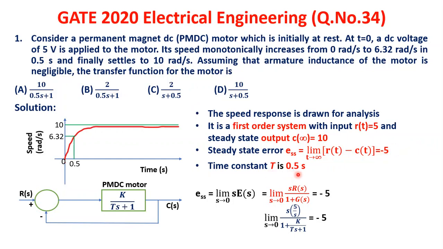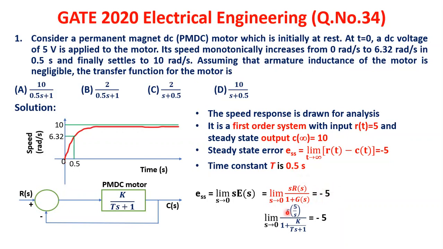Time constant, we know, is 0.5 second. Coming to the steady state error formula, we know very well that it is limit s tends to 0 of s times E of s. This we have seen in our lecture video 7 by final value theorem. And this expression also we have seen for a unity feedback system: limit s tends to 0 of s into R of s by 1 plus G of s H of s, where H of s is 1. So this is given as minus 5.